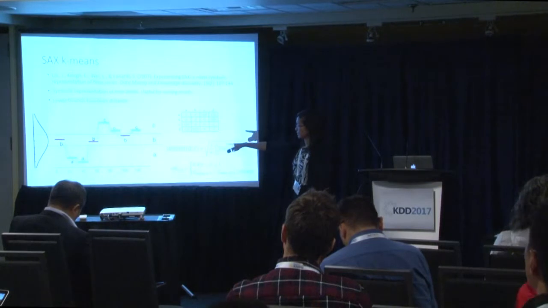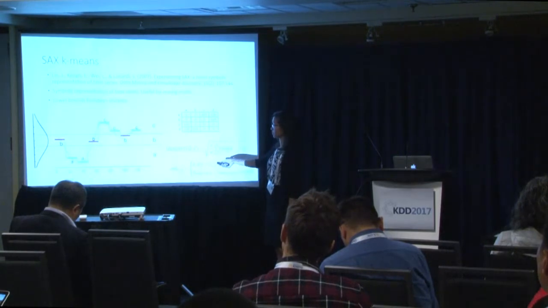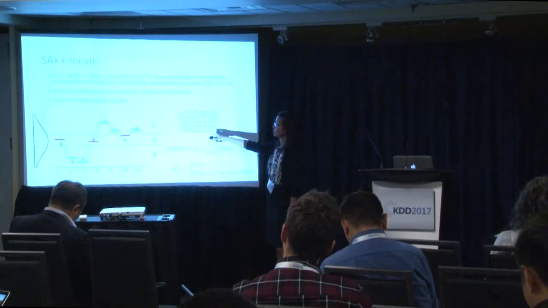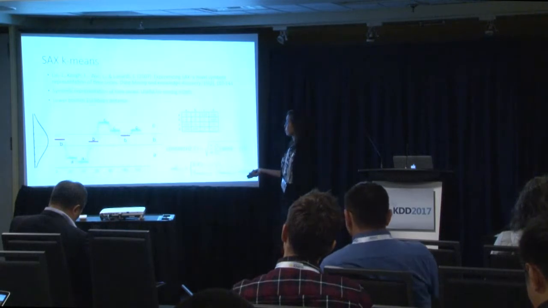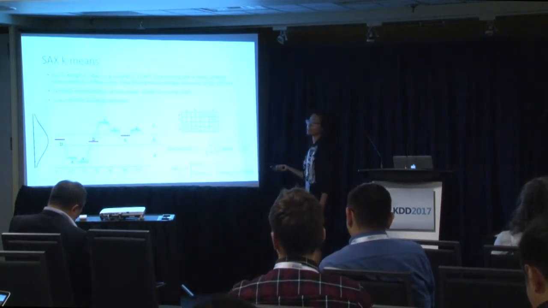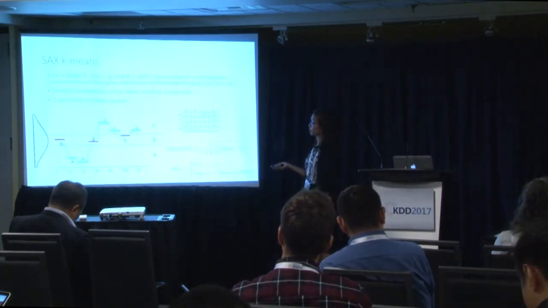This is a z-normalized time series, which the authors have shown follow a normal distribution. So we determine the distance using these breakpoints where the area under this normal curve is the same. This gives a lower bound to the Euclidean distance and essentially is a form of dimensionality reduction for K-means.